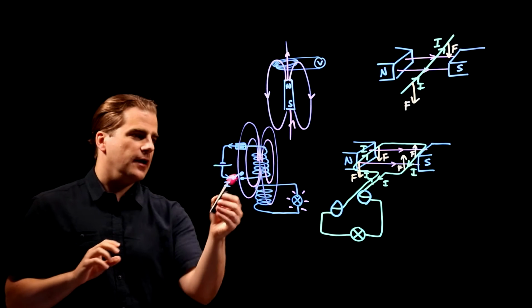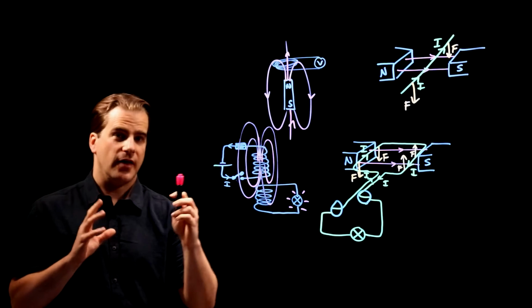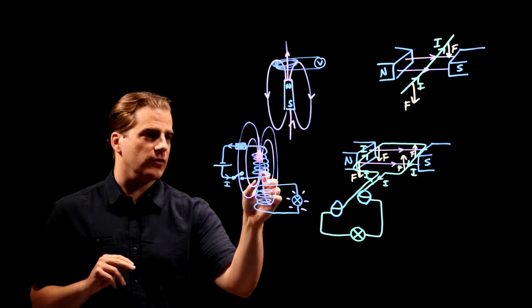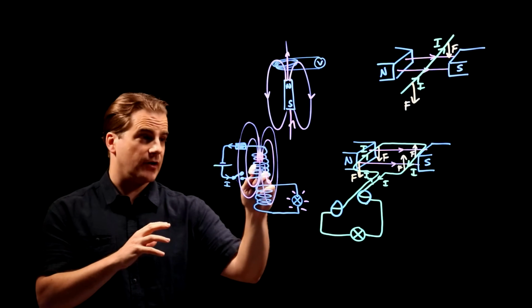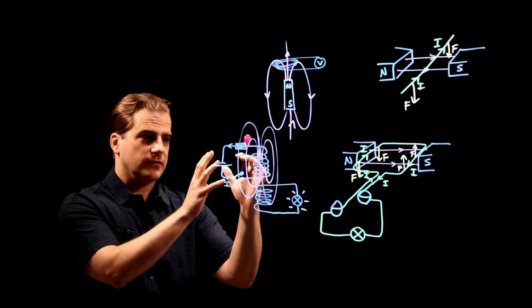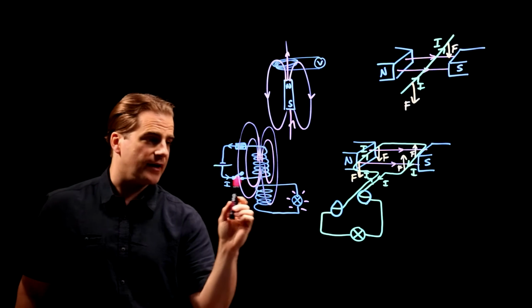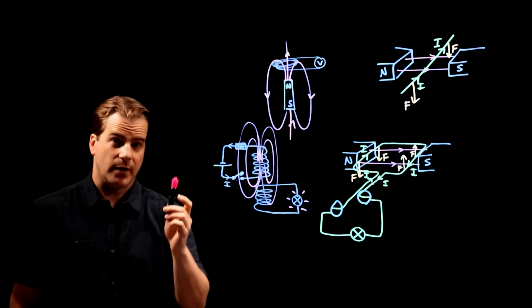Now, if you then open the switch and stop this current flowing, then this magnetic field here in this solenoid, because the current has gone from something to zero, the magnetic field collapses. It goes from whatever it was to zero. And that means this now experiences a changing magnetic field when you switch this one off as well as on.